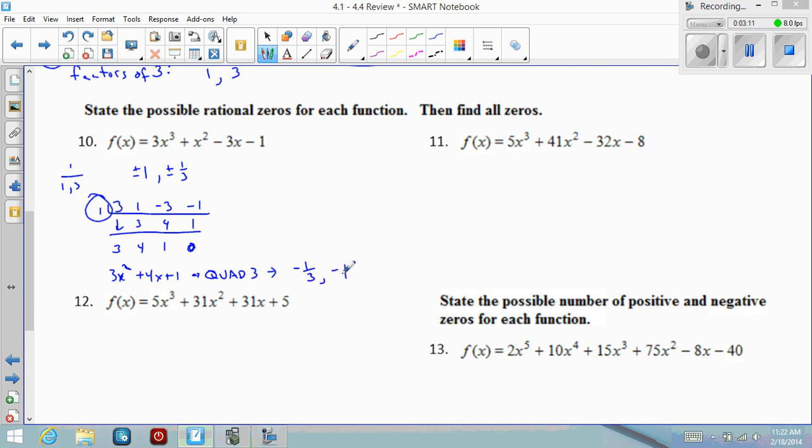If you do the quadratic formula, you will get these same exact answers. And so therefore my zeros are 1, -1, and -1/3. And that's number 10.